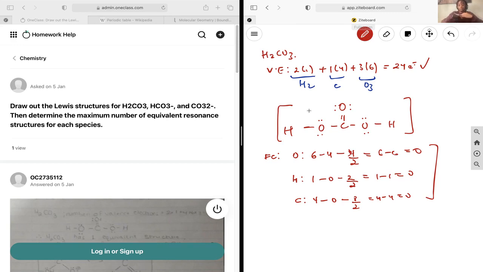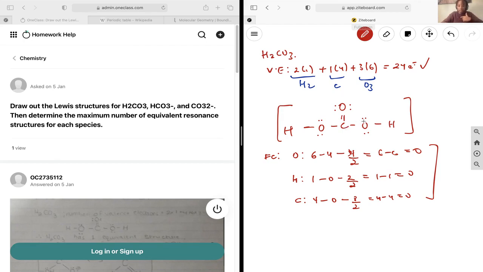And so when we want more resonance structures, we need to figure out, can we move any of the electrons in double bonds or lone pair electrons to get another similar looking Lewis structure? In this case, no, we can't, because if we decide to move the electrons here, let's say to go back into a lone pair, we know that that would mess up the charges.